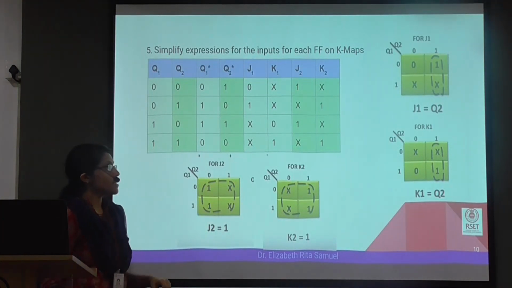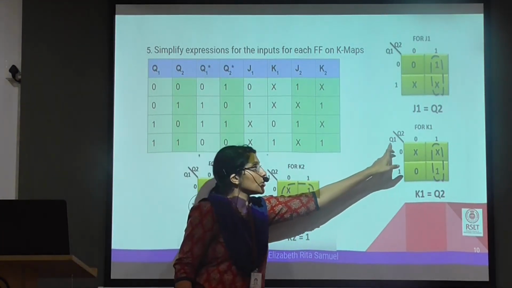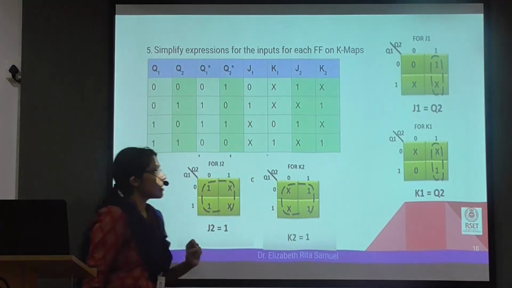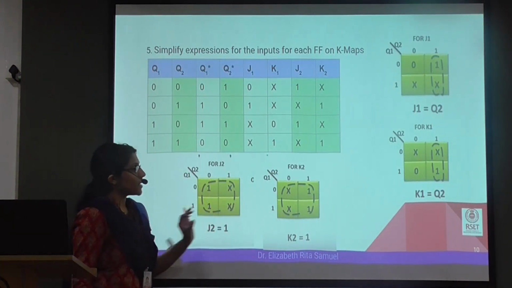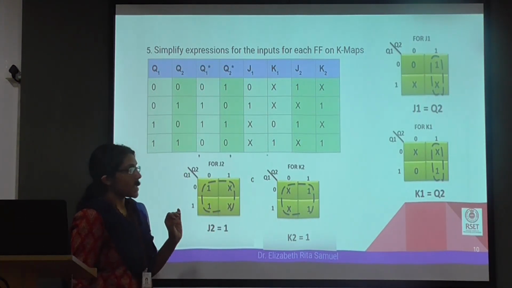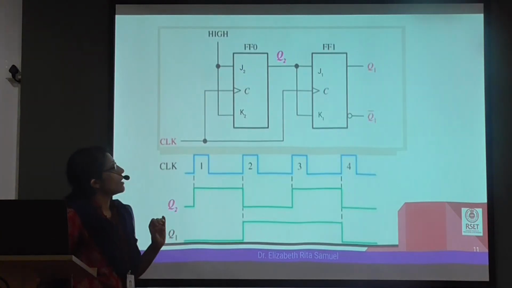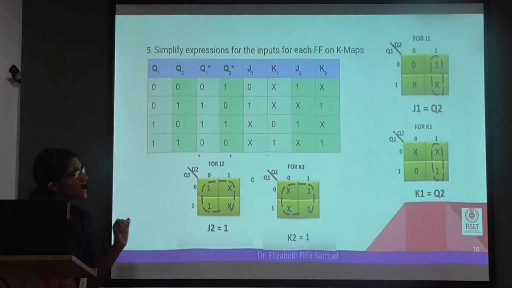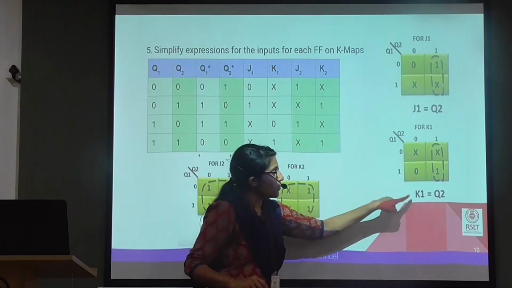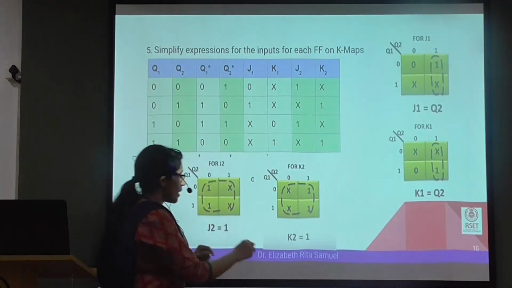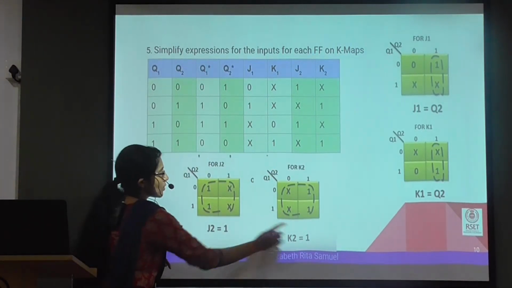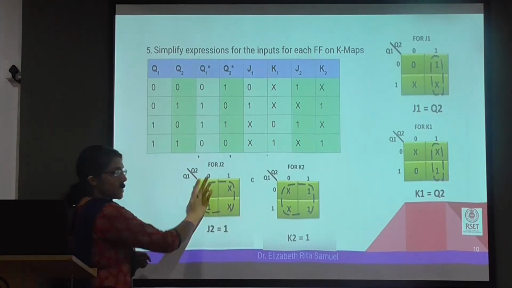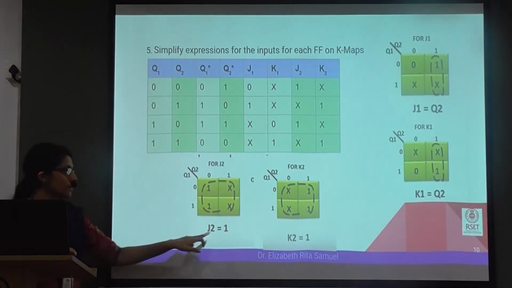For all the cases, the variables are Q1 and Q2. After pairing the required ones, the expressions that we obtain are J1 = K1 = Q2 and J2 = K2 = 1. Since the whole map is filled with 1s, it is equal to 1.